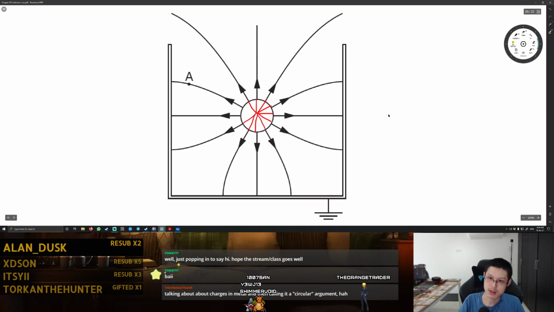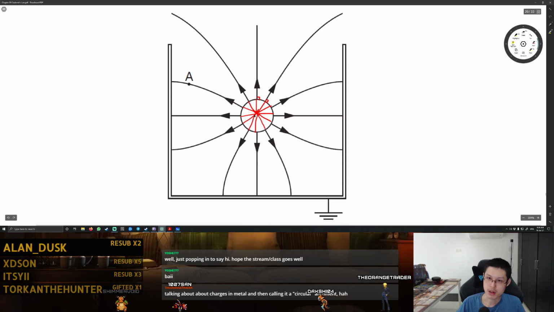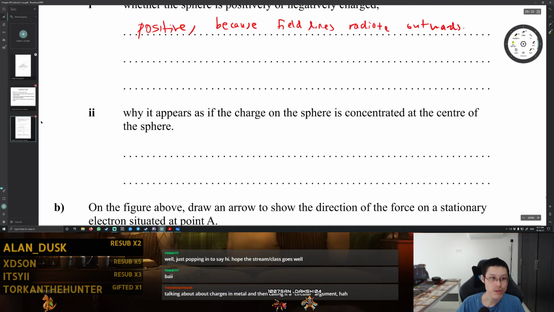So it seems as though the charge is a point charge located in the center of the sphere. Another reason is that these field lines exit the surface of the sphere at an angle of 90 degrees. So they exit perpendicular to the sphere, which contributes to the illusion that the charge originates from the center.